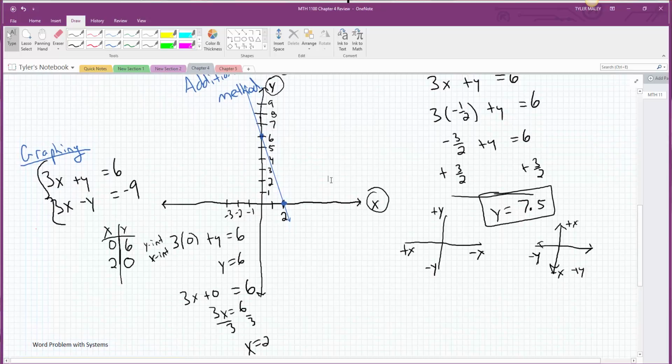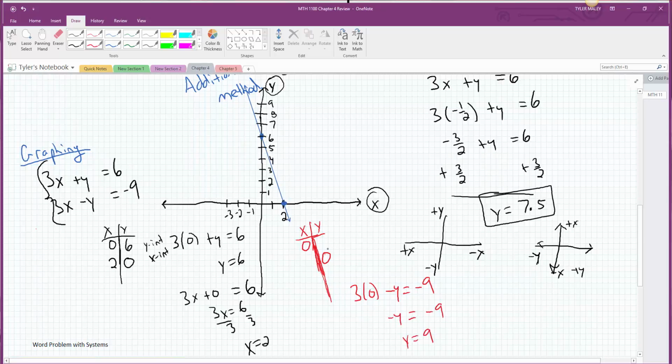So we need to do this for the second line. I'll use a different color again, so I'll use red. I need to make an XY chart to graph, and I'm going to use the technique of finding x and y intercepts again. So 0 here and 0 here. If I put 0 in for x, I would have 3 times 0 minus y equals -9, which gives me negative y equals -9, so y equals 9.